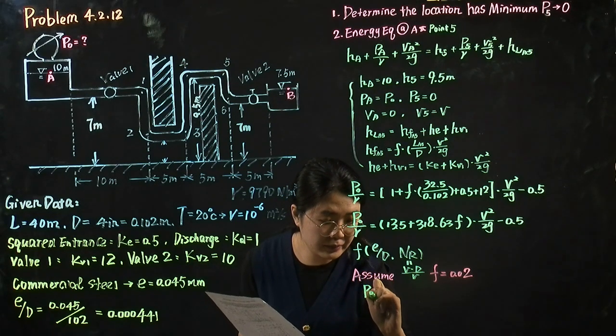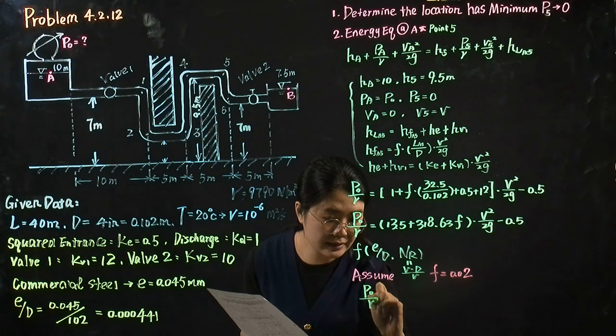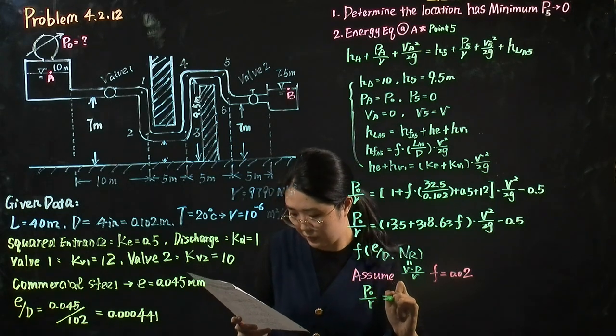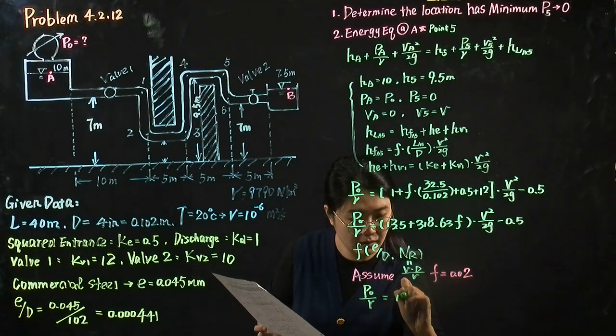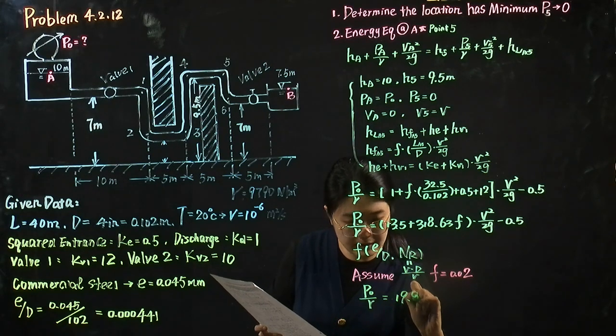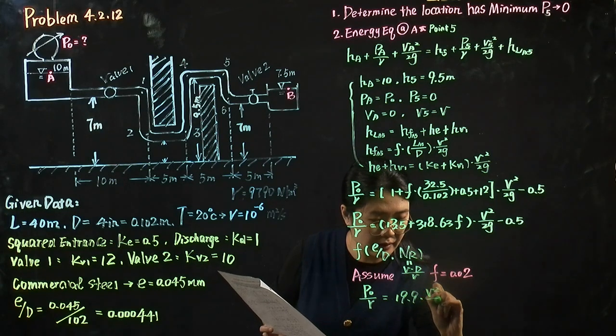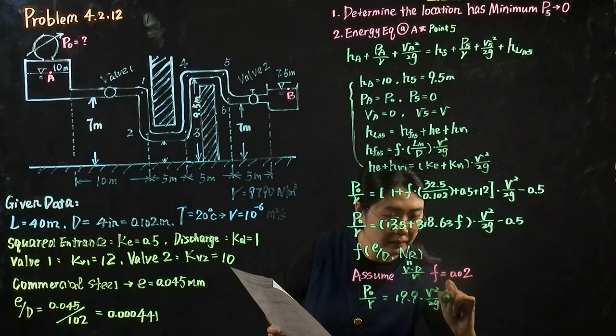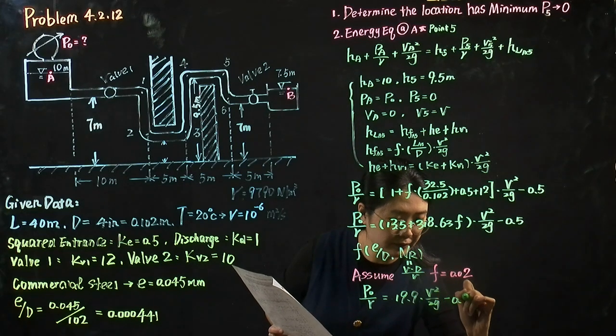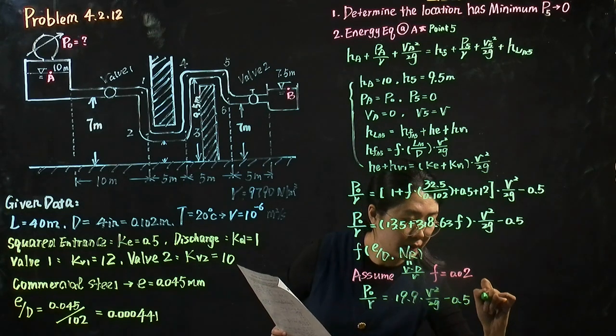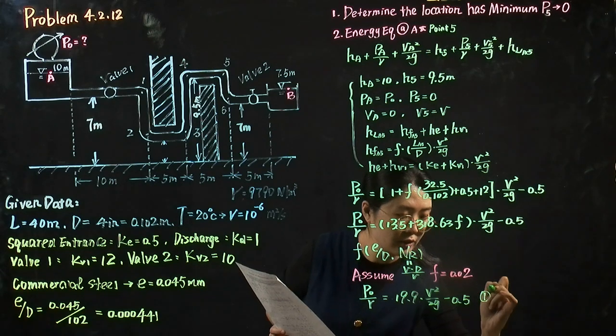We can get the pressure head equals 19.9 times velocity squared over 2g minus 0.5. We call it equation 1.